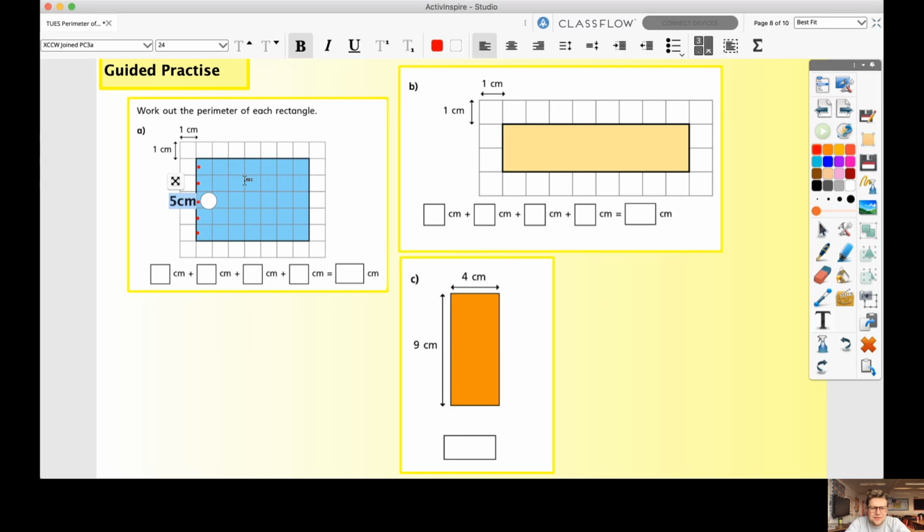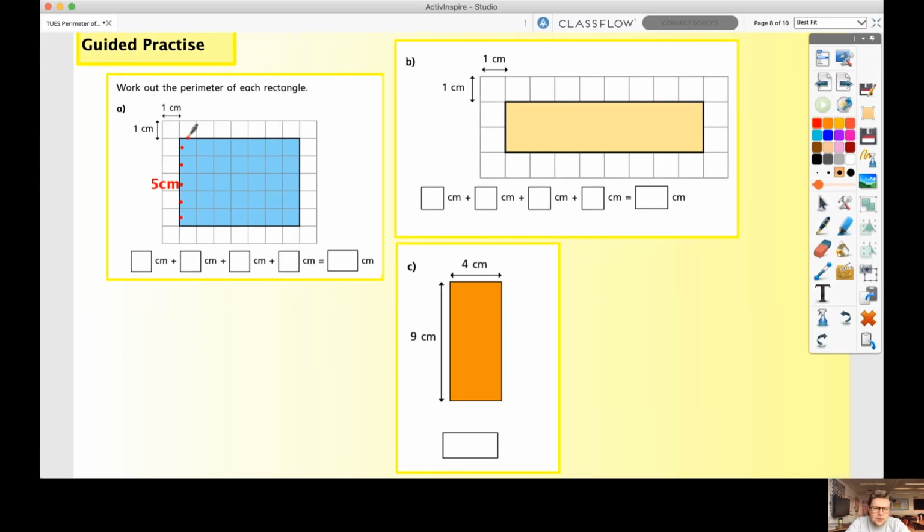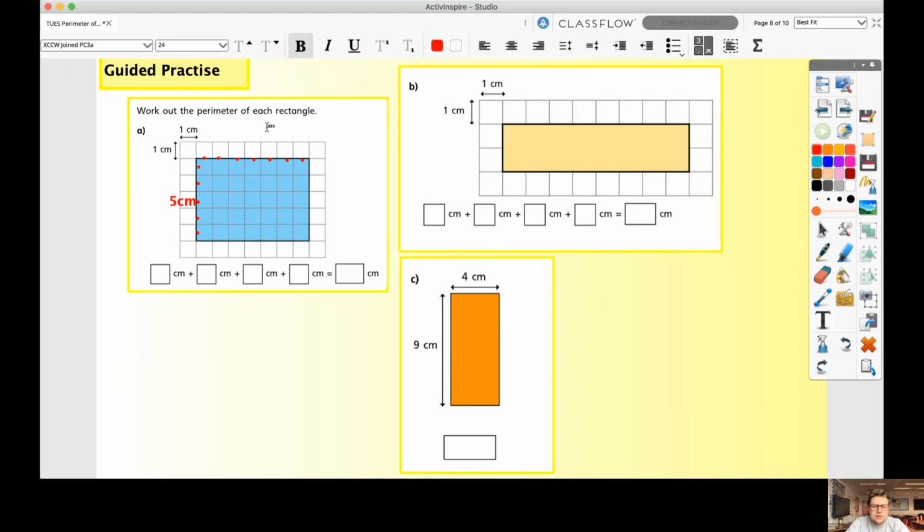Red, a bit smaller, 5 centimeters there. And then we've got 1, 2, 3, 4, 5, 6, 7 at the top. So this one is 7 centimeters. And now I know that this side is also going to be 7 down here, and this side is also going to be 5 up here.